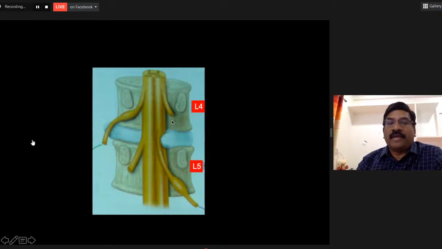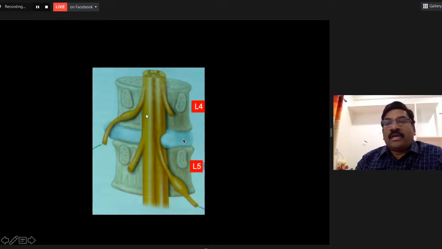That means in an L4-L5 disc prolapse, the L5 nerve root gets compressed. The same disc can compress the nerve root above, the L4 nerve root, if it prolapses laterally, far laterally, which we call a far lateral disc. In the far lateral disc at L4-5, the nerve root which gets compressed is the L4.